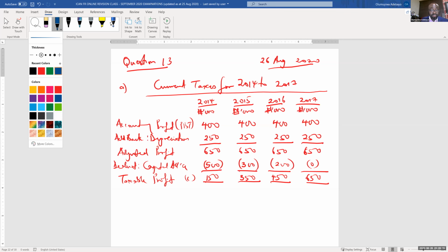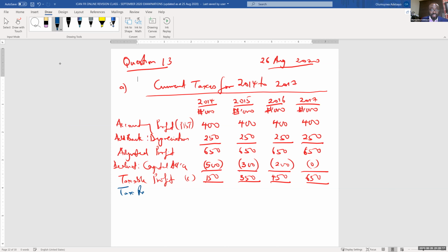Our tax rates, this is where we have that concern now. Our tax rate initially was 40%. We are given information that in 2015, the tax rate was changed from 40% to 30%, but is expected to take effect from the period beginning 1st of January 2016.